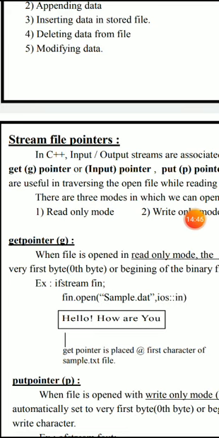In order to carry out the movement of data from the input file to the program, or from the program to the output file, we make use of pointers. They are known as stream pointers.